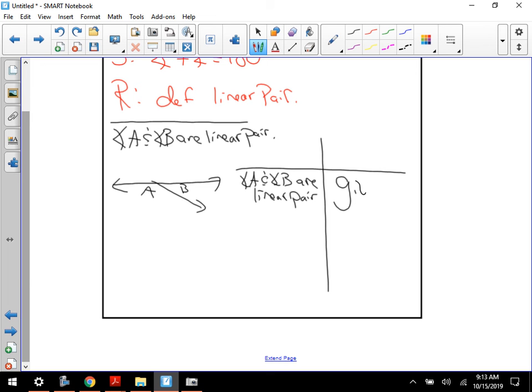There's my given. Then I can state angle A plus angle B is 180. And like we just said, definition, linear pair.